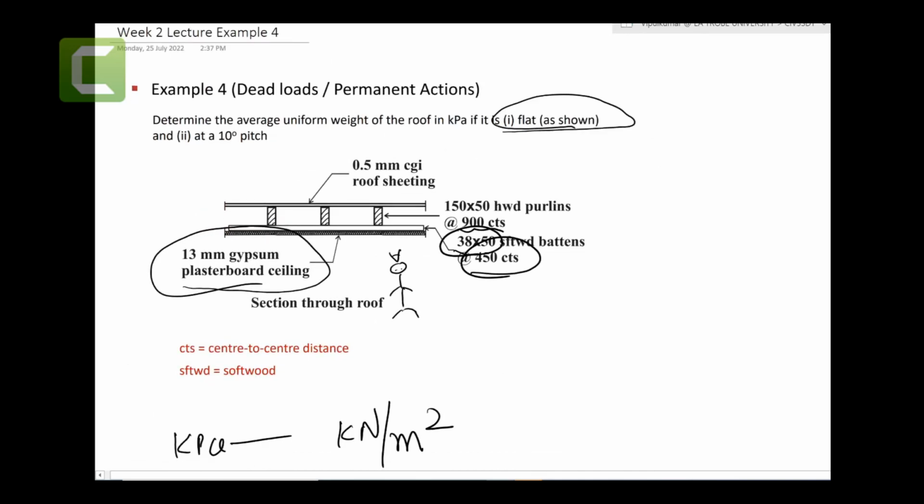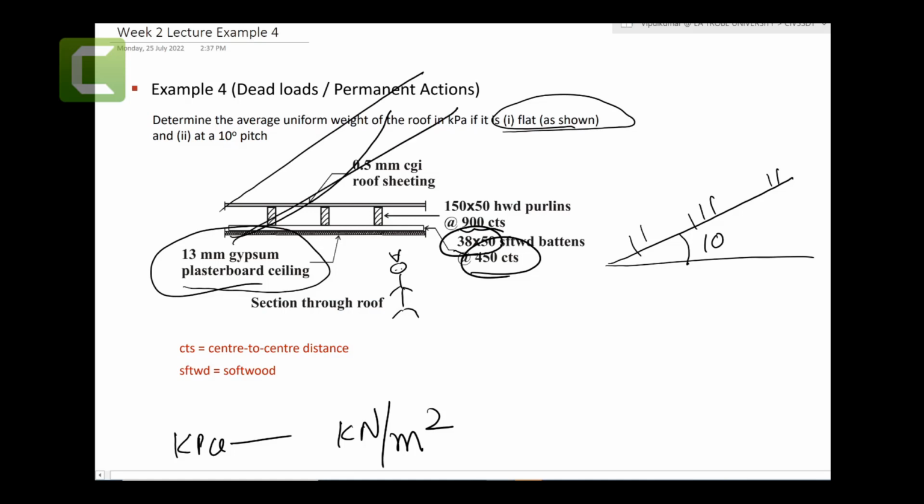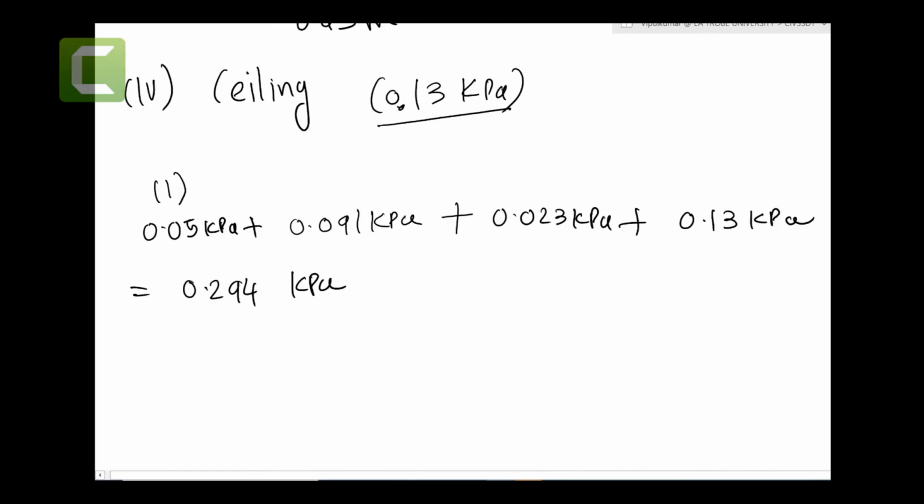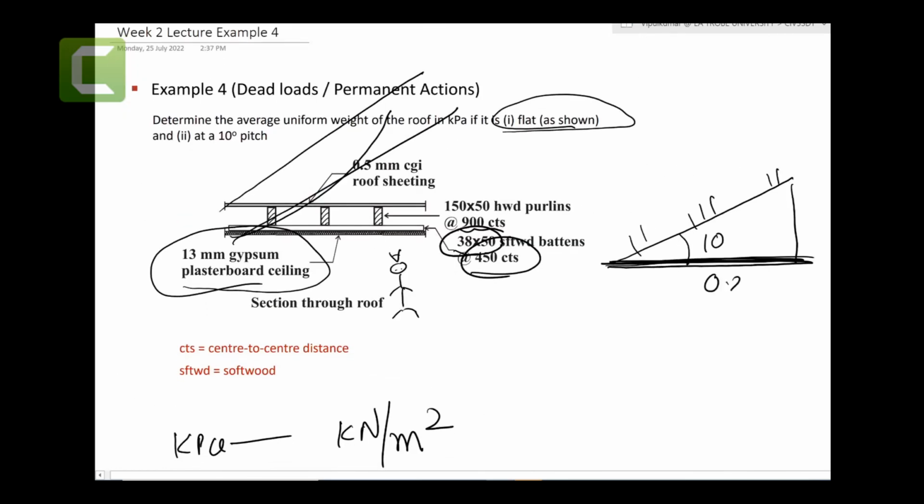Now if I make this roof at an angle of 10 degrees, I hope you understand this. Everything here is just lifted up by 10 degrees. The flat one we already calculated, 0.294 kilopascals.